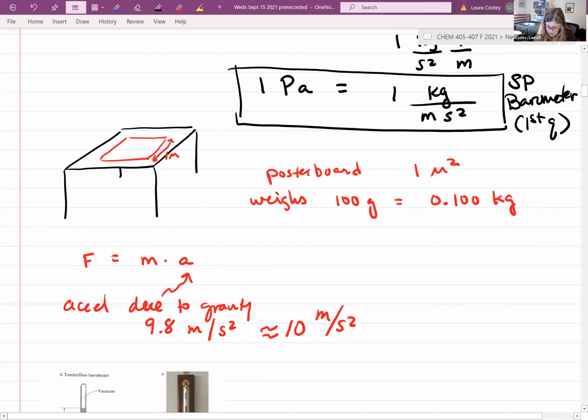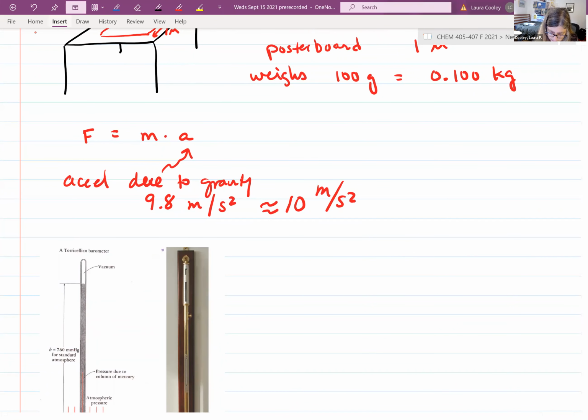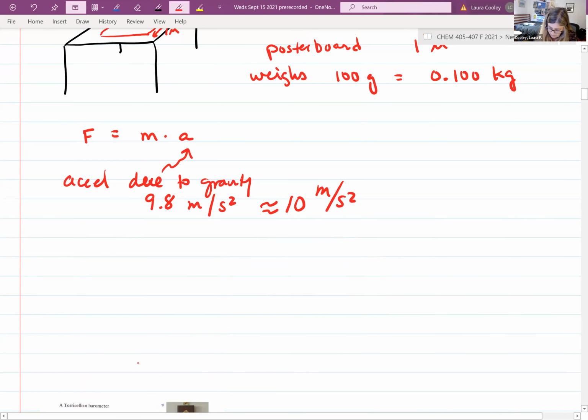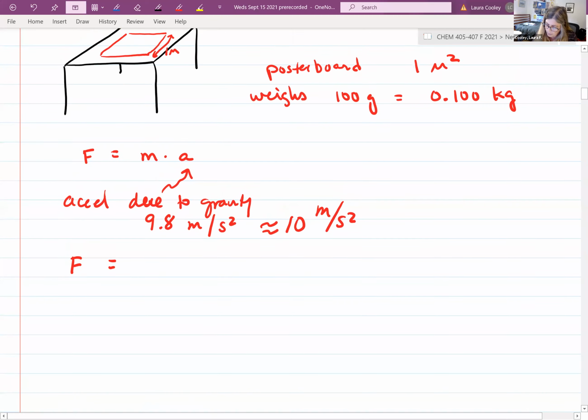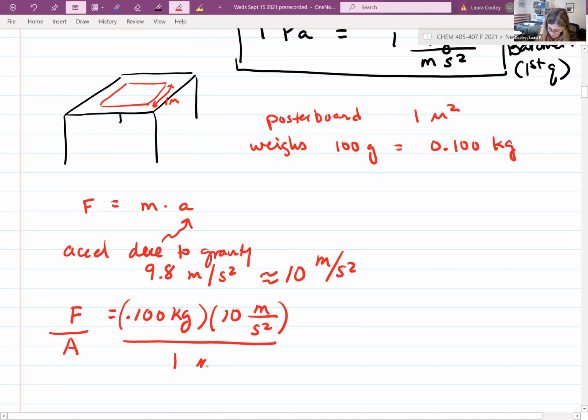So the force exerted by the poster board would be my 0.100 kilograms, the mass, times the acceleration, 10 meters per second squared. And I'm going to divide that by the area of the poster board, which is 1 meter squared, right?